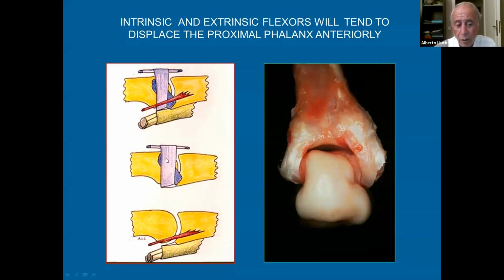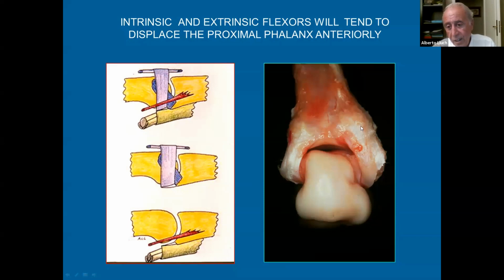These are the collateral ligaments. Collateral ligaments originate at the dorsum of the head of the metacarpal, and they insert at the base of the proximal phalanx. Not just at the base, but really anteriorly. As you can see here, this is a metacarpal head, and here is the proximal phalanx in 90 degrees of extension or hyperextension.